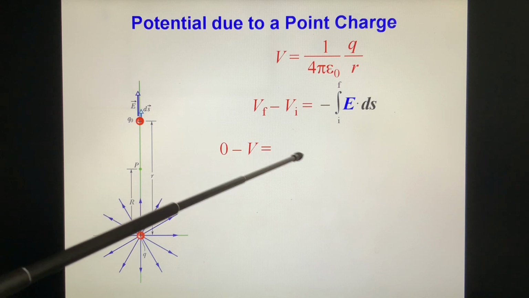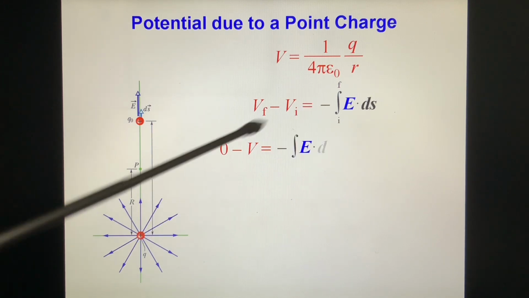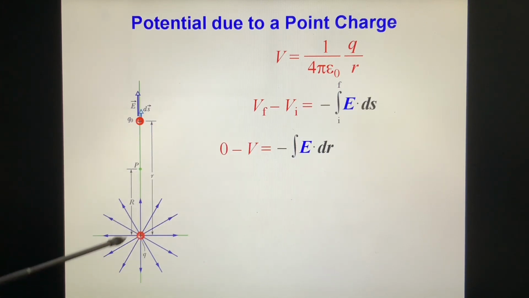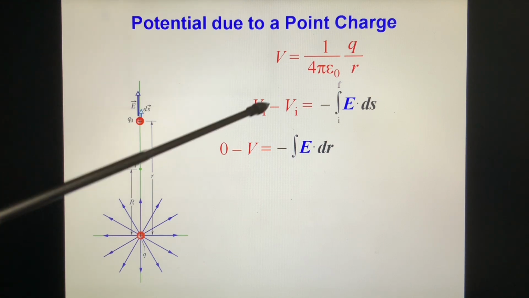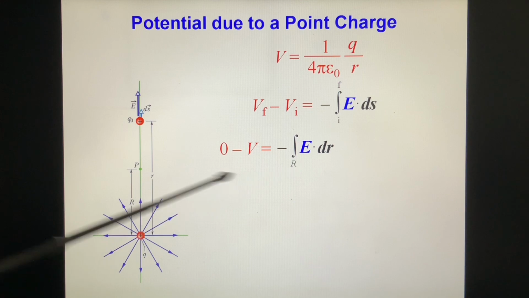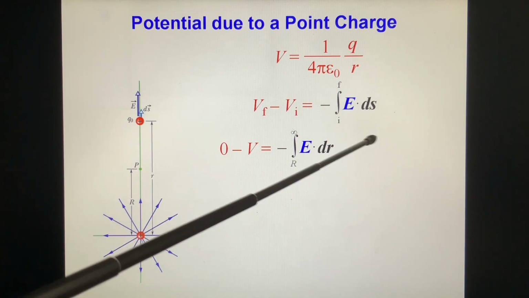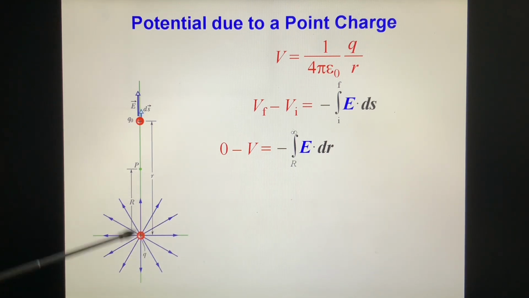We put inside the E dot ds. ds is along R, so dr. We integrate from R to infinity. With E along the dr direction, E dot dr is E dr.